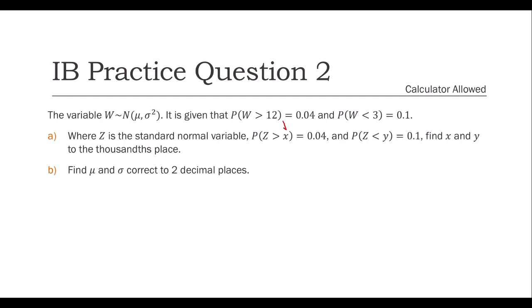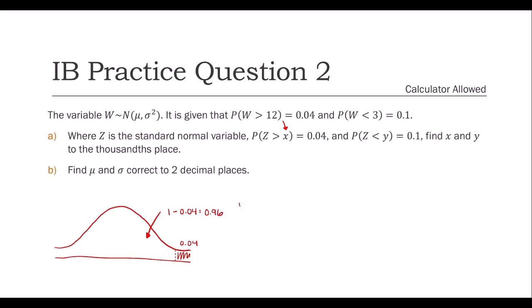So this is going to be the same as this one, but we need our z-score. And this is that z is greater than x. So if we draw our distribution here, the probability that z is greater than here is going to be 0.04. With our inverse normal, it calculates the area on the left side, which would be 1 minus our 0.04. So this is going to be 0.96.